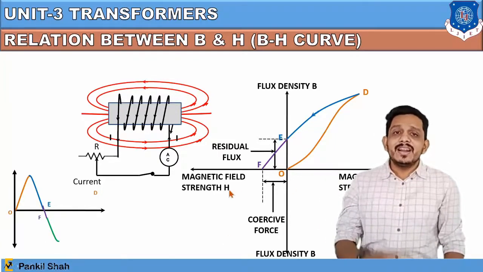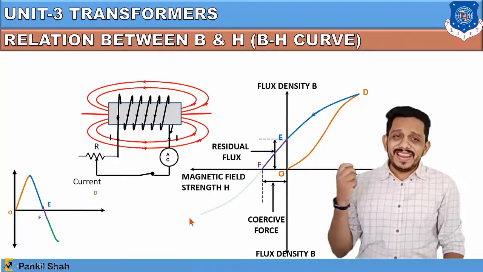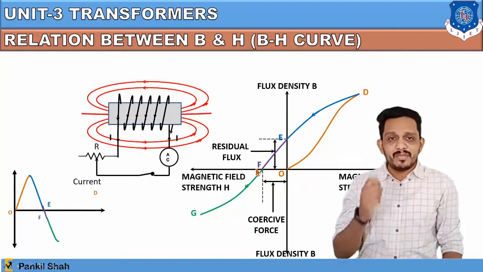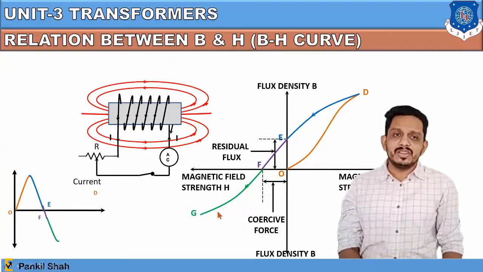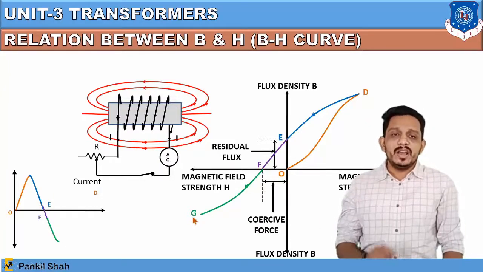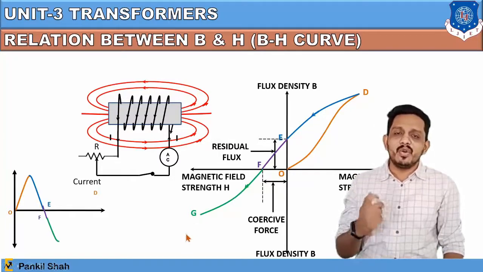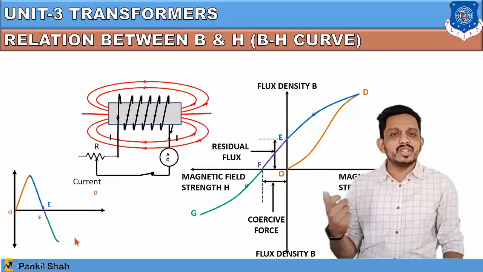So now once our coil is again having the current, increasing in the reverse direction, we can say that magnetic flux density will be increased in the negative direction. This E to F portion was to cancel the residual magnetism, but after point F the magnetic flux will be produced in the reverse direction, like F to G. But at point G, our magnetic flux is now constant because this point is known as the saturation point, because maximum current has been reached at this point.